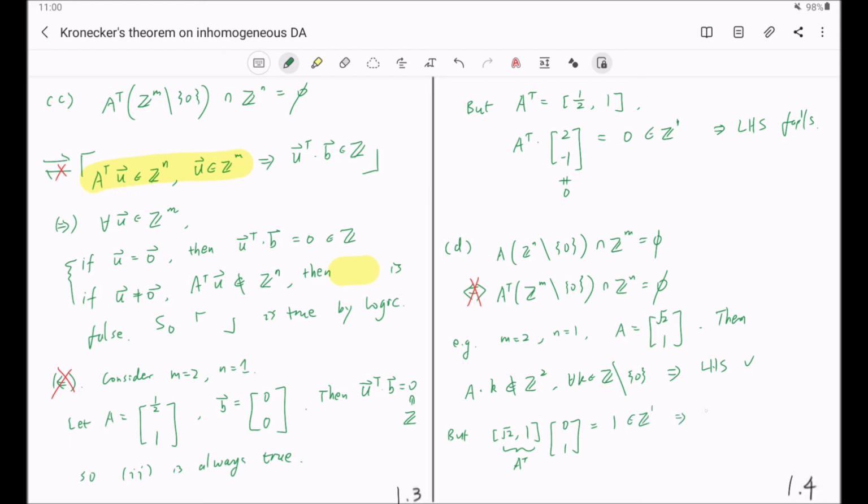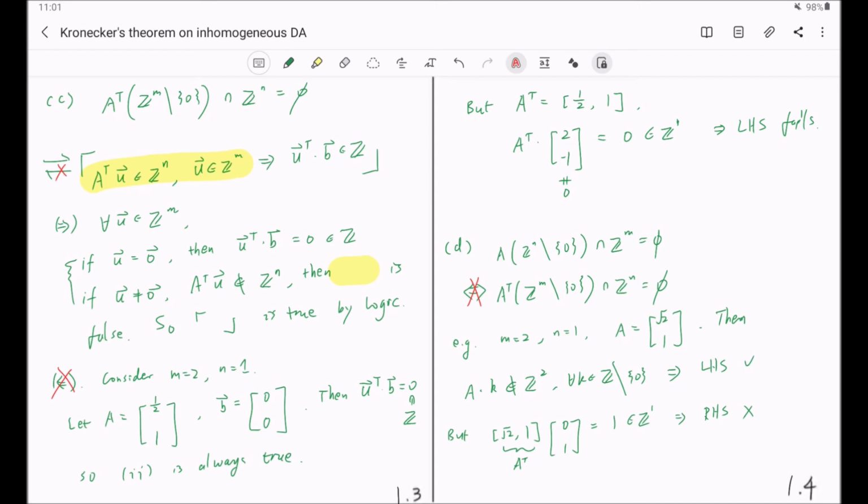So this tells you right hand side fails. So they are not equivalent. Symmetrically, you can always produce a mirror example that shows right hand side holds but left hand side fails.